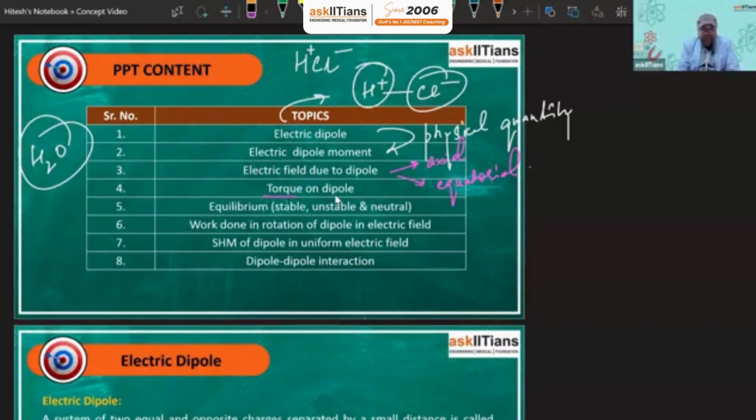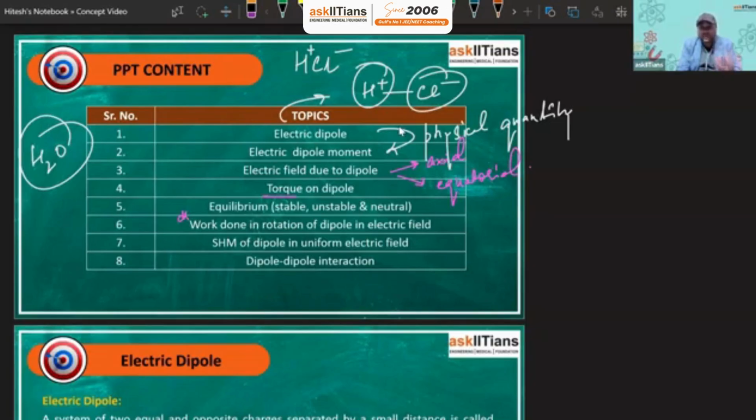When a dipole is placed in a uniform external electric field, what is the torque that the dipole experiences? Then we'll talk about the equilibrium state of the dipole in an external electric field: stable equilibrium and unstable equilibrium. Then the work done in rotation of a dipole in an electric field.